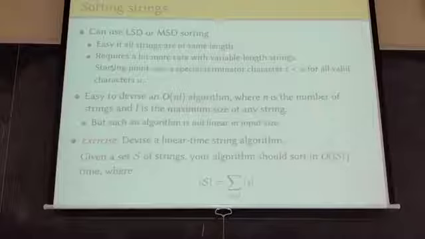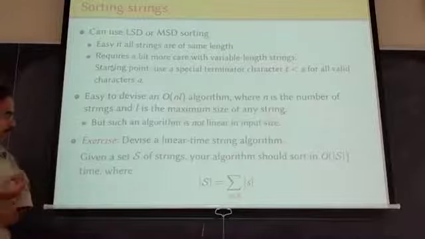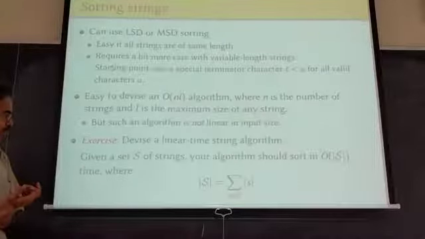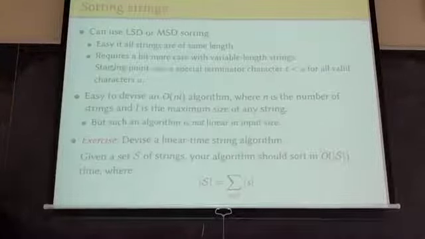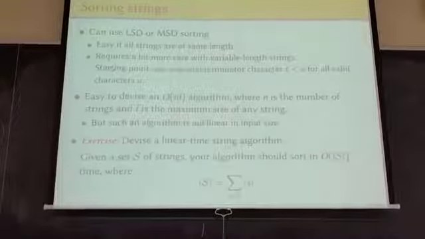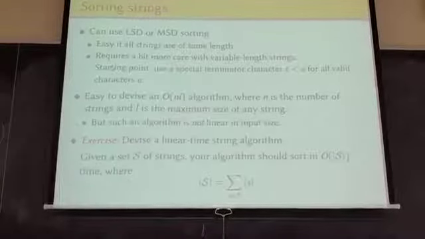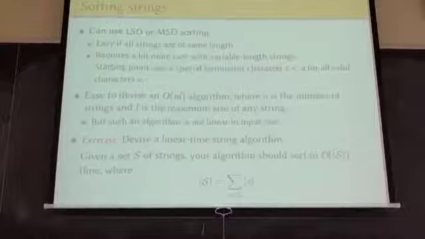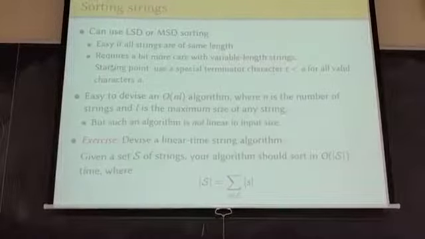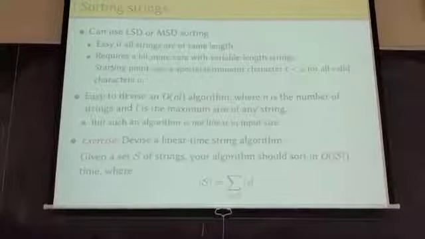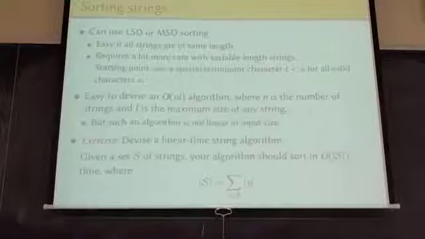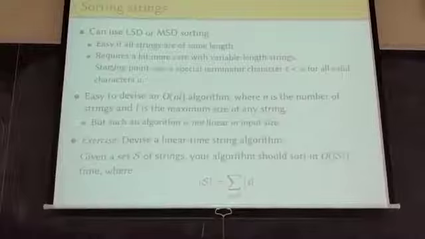Another place where radix sort works very well is when you have to sort strings, because the number of distinct values for each character is limited, so you can very easily apply these algorithms and get a nice bound that is linear in the size of the input.